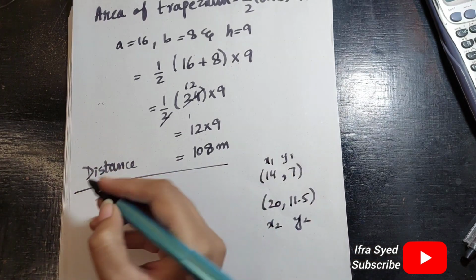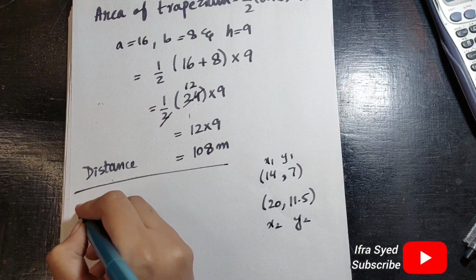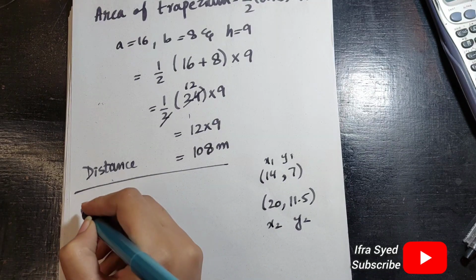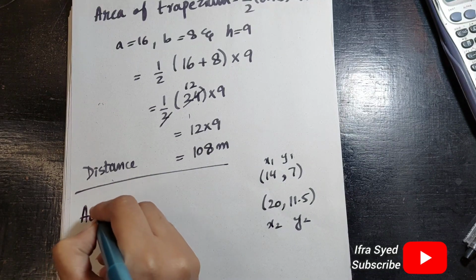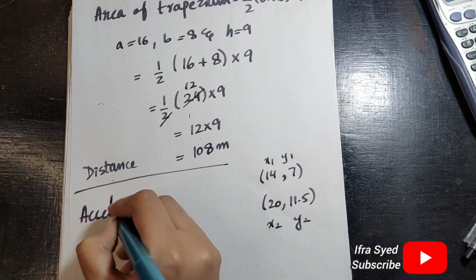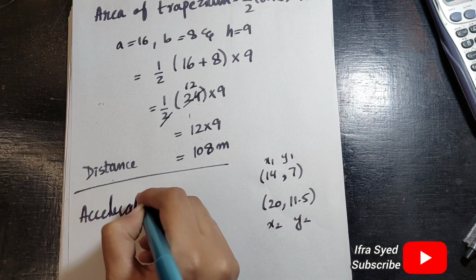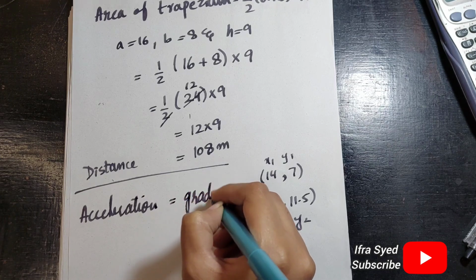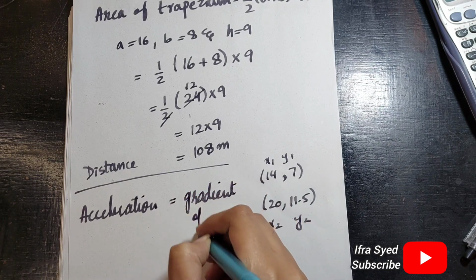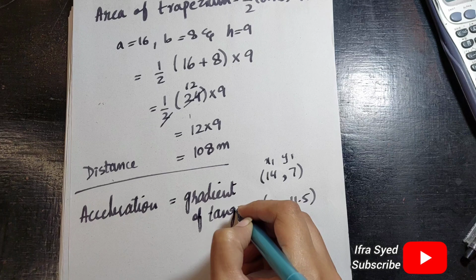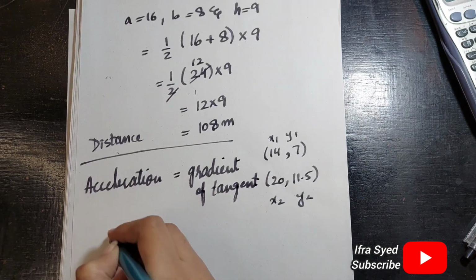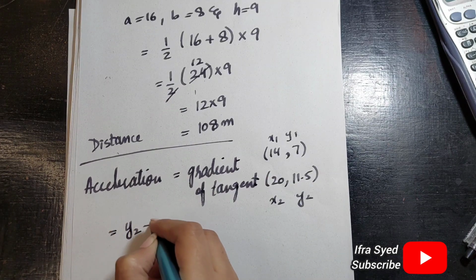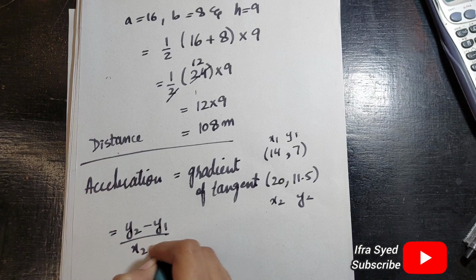I'm using the gradient to find the value of acceleration. So acceleration is equal to the gradient of the tangent. Okay, so gradient is equal to y2 minus y1 divided by x2 minus x1.